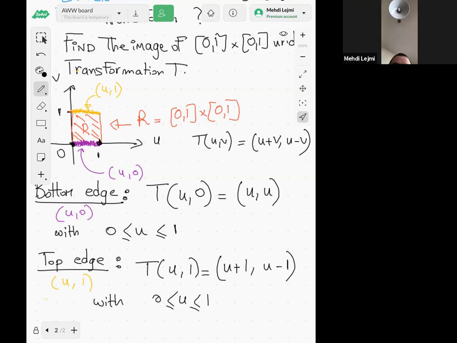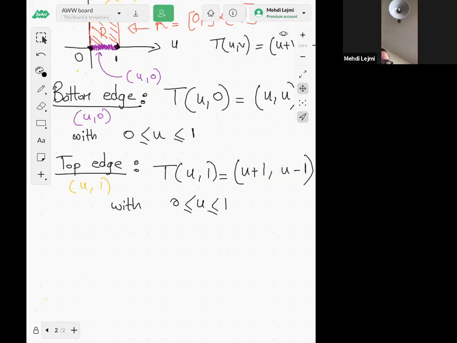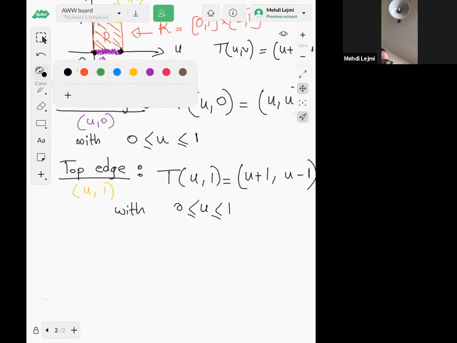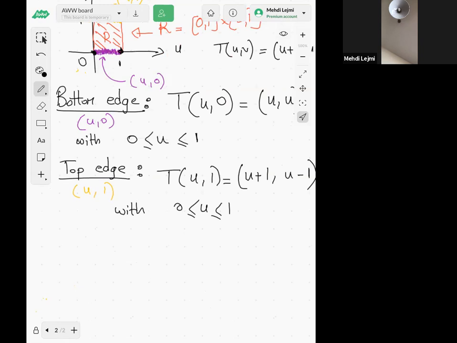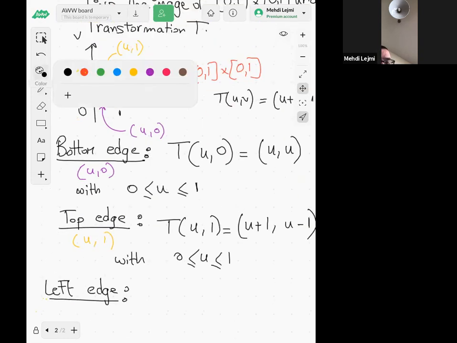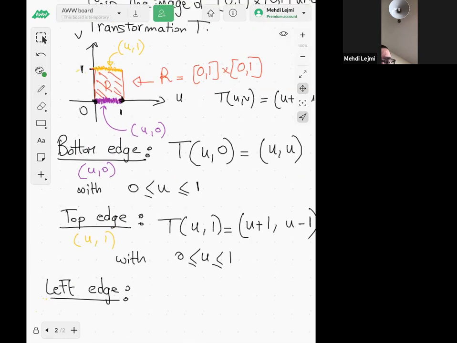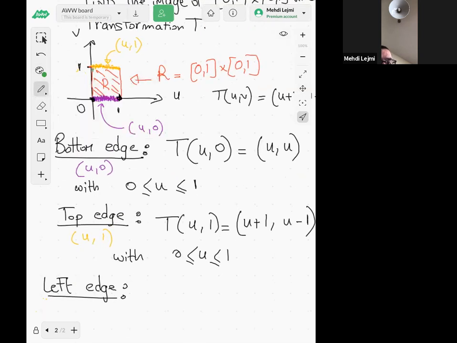You can do the same for the left and the right edges. So let's say the left side, or left edge. That will be this side here, where U is equal to 0.